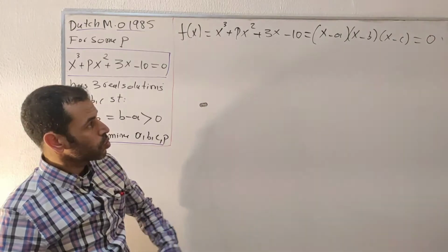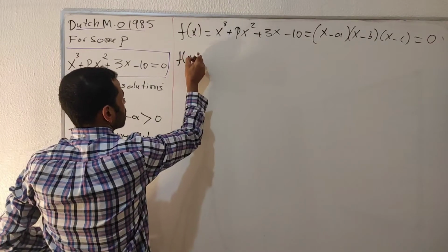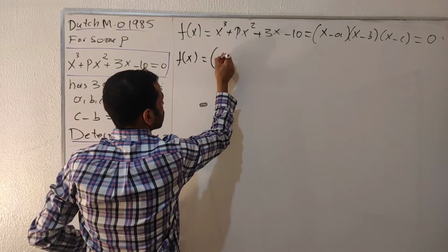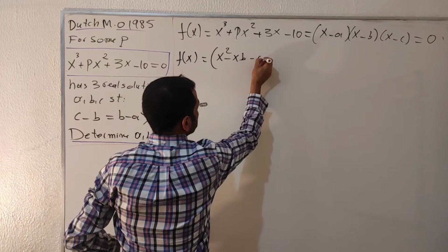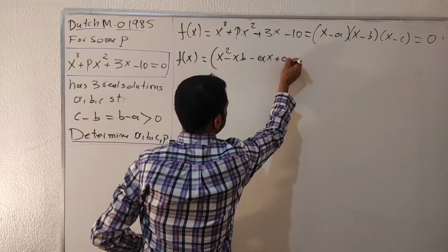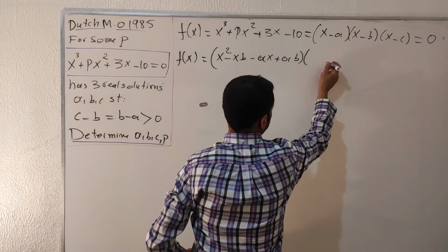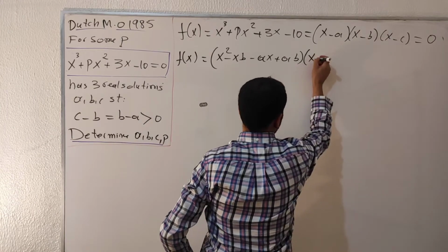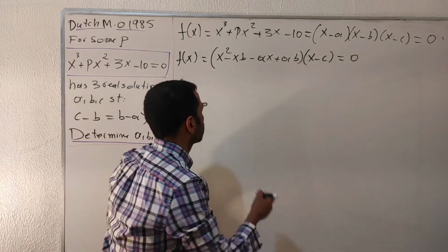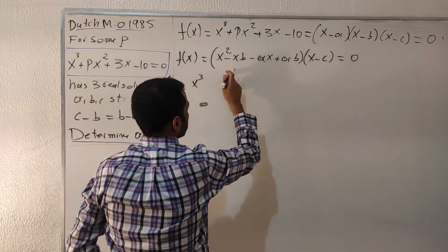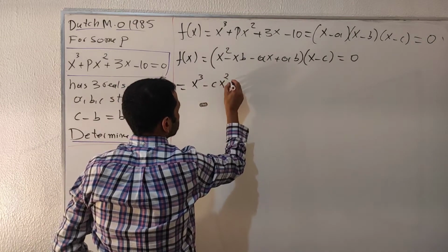Starting with the first two terms, I get f of x equals x squared as the first term, minus xb as the second term, minus ax plus ab. We finish with the first product. Then this is multiplied by x minus c, equals 0. Continuing to distribute: x cubed as the highest degree, minus c x squared.